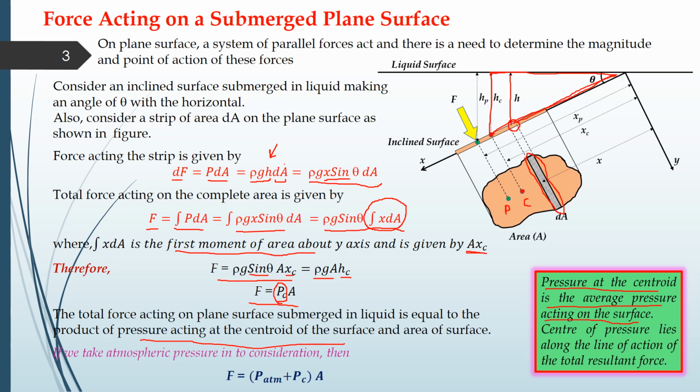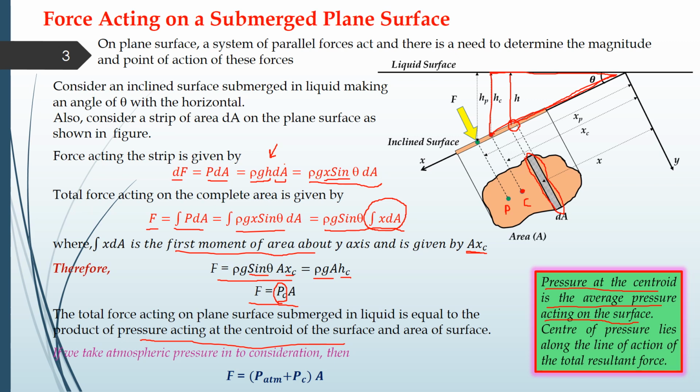If you want to find out the pressure which is acting on the surface, then you simply have to find out the pressure which is acting at the centroid of the surface. It will certainly give you the magnitude of the force which is acting on this complete surface, okay.